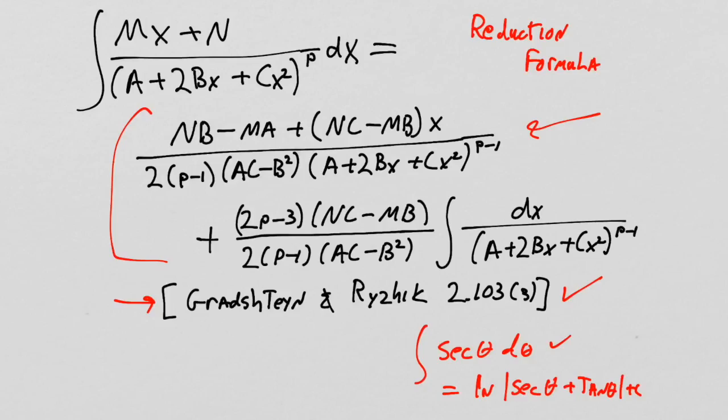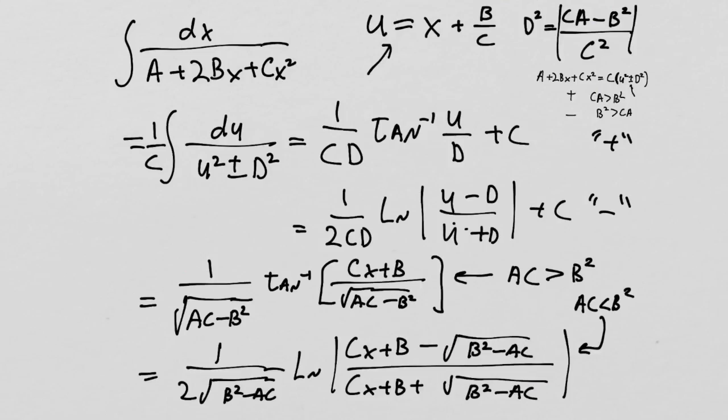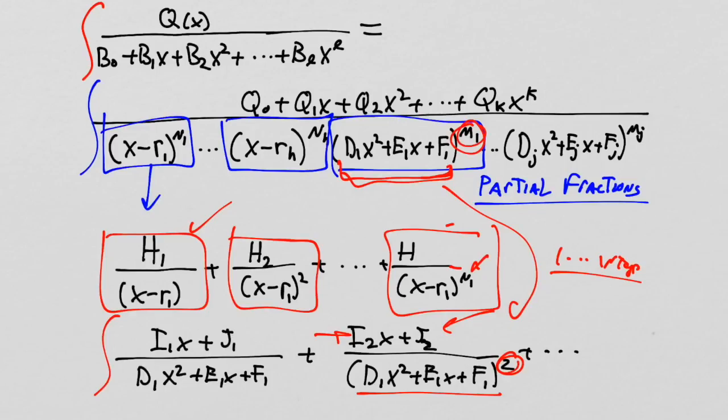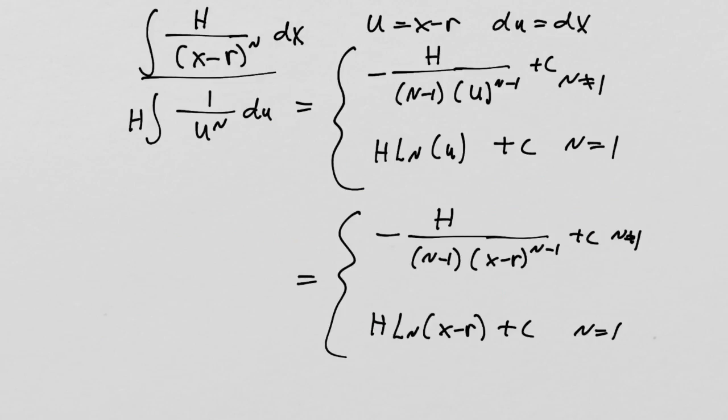Now, what this is telling us, if we walk this all the way back, is that this thing, under this circumstance, has two real roots, and you're taking the difference of two real roots, so you get a log minus log, which is the log of a ratio. And you can actually prove to yourself that that would be the equivalent of breaking it down into two separate real roots, doing a partial fraction, taking the integrals of two partial fractions, ending up with two logs, taking the difference of the two logs, and coming up with a ratio.